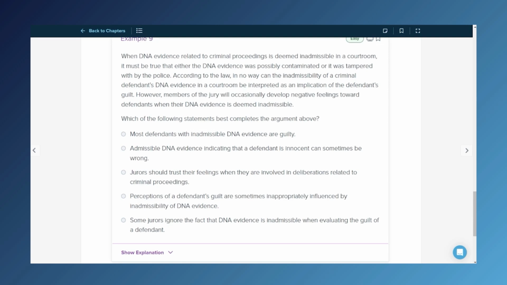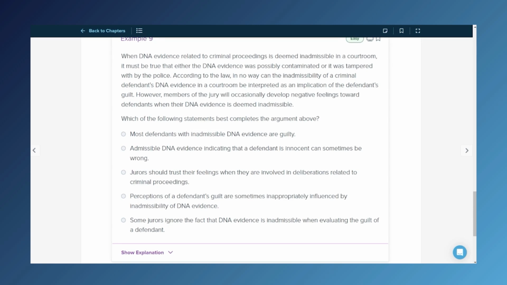When DNA evidence related to criminal proceedings is deemed inadmissible in a courtroom, it must be true that either the DNA evidence was possibly contaminated or it was tampered with by the police. According to the law, in no way can the inadmissibility of a criminal defendant's DNA evidence in a courtroom be interpreted as an implication of the defendant's guilt.